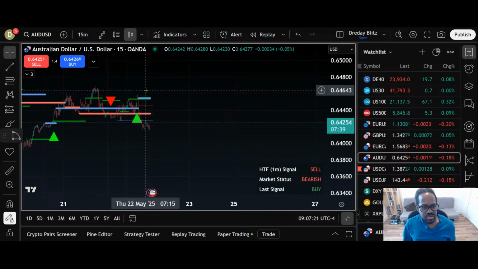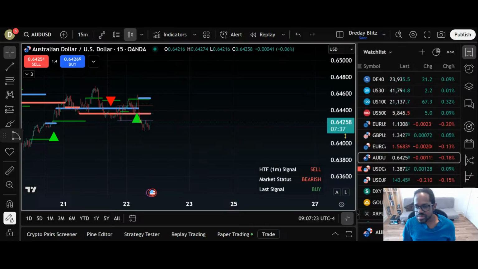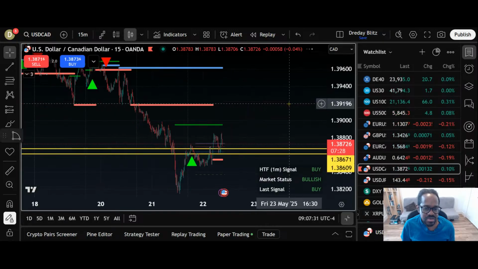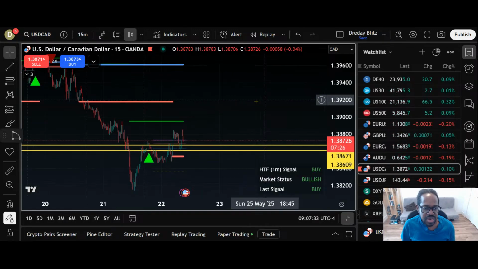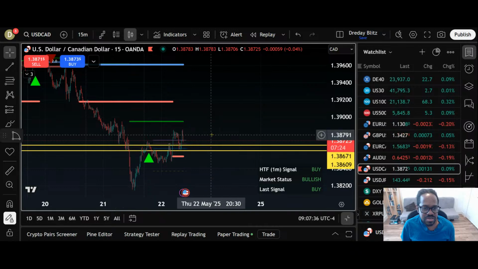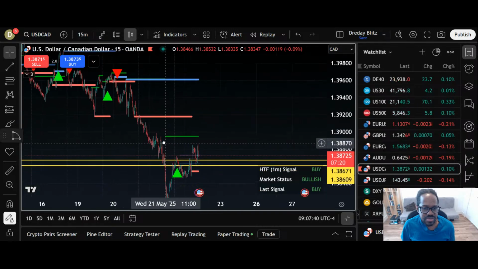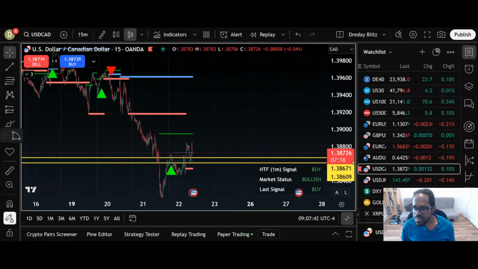We were briefly going up, so waiting for a sell setup on that. USDCAD should be going up here. That's exactly it. We had a buy signal here, still bullish currently.